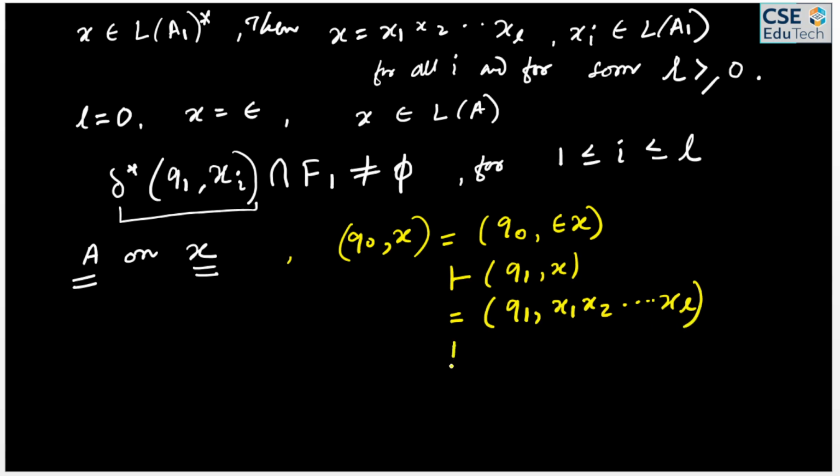Now after doing some more moves, that is star, you are reaching some state p1 dash, and you have processed x1. So now the remaining string is x2 up to xl.